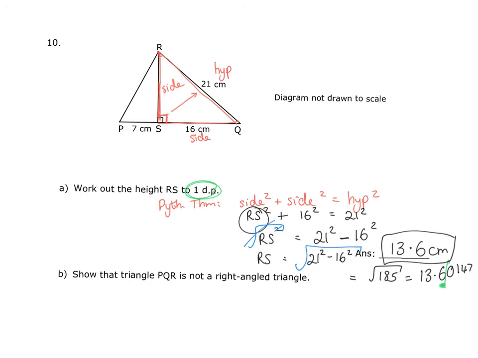Now we need to show that the triangle PQR, this one over here, the large triangle, is not a right-angled triangle. How can we show that?